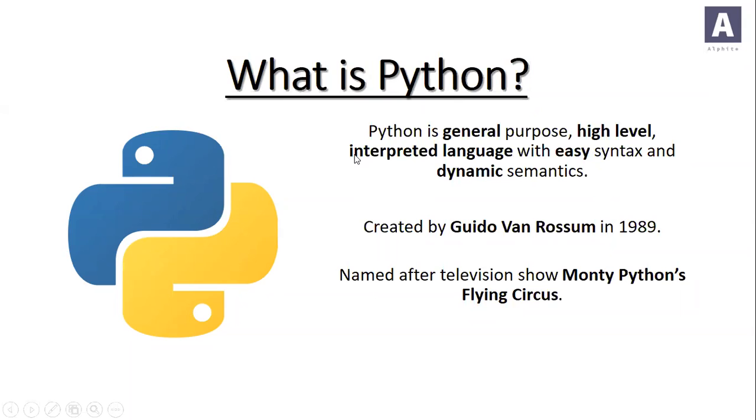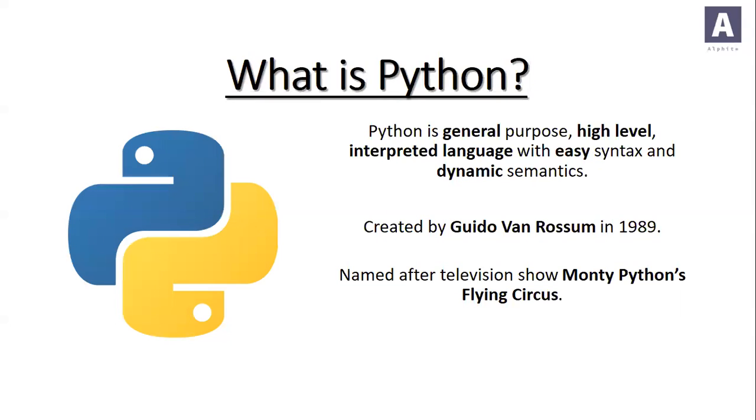So it is a general purpose software. It is used in all domains. If you take an engineering field, an IT sector, a pharmaceutical field, a science background, everywhere Python is being used.